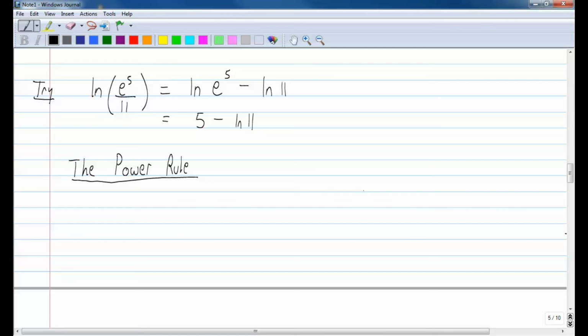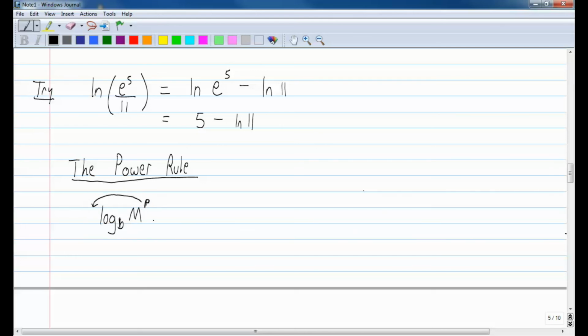What makes it so powerful is it says if you take the log of something raised to a power, so I'm going to make this the p power, just any power, if you're evaluating the logarithm, you can take the power and move it to the front.